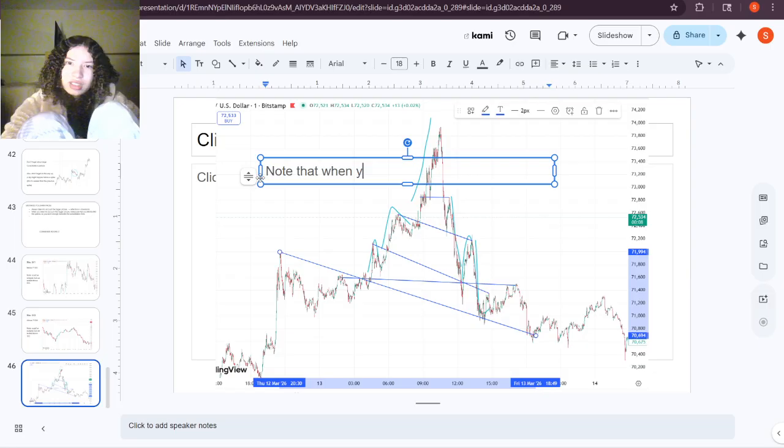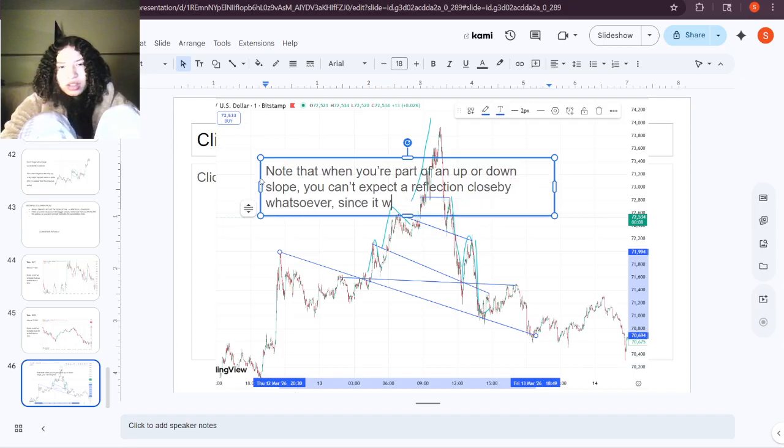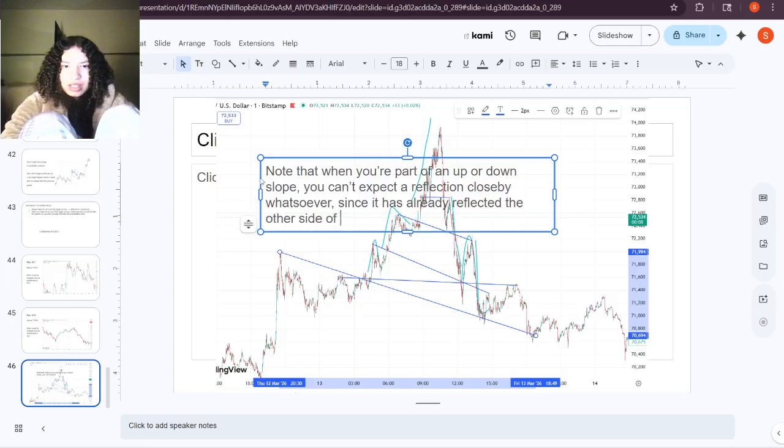Note that when you're part of an up or down slope, you can't expect a reflection close by whatsoever, since it has already reflected the other side of the mountain.